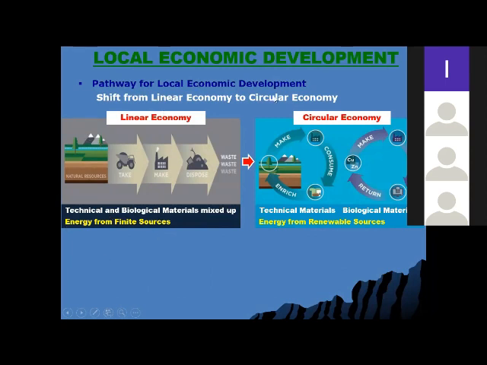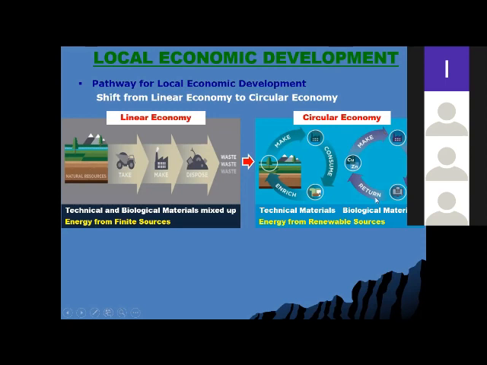So the pathway to local development is to shift from linear economy to circular economy. So we have to move from this linear economy to circular economy, where we can have technical material and biological material separated, and energy from renewable sources. To do this, of course, it will be circular: make, consume, enrich, make, use, and return.